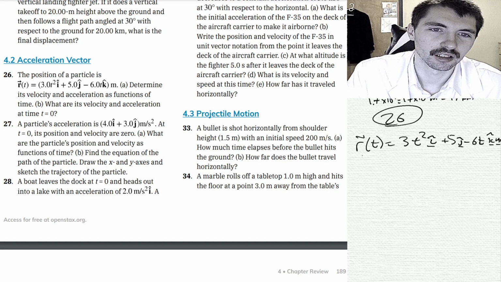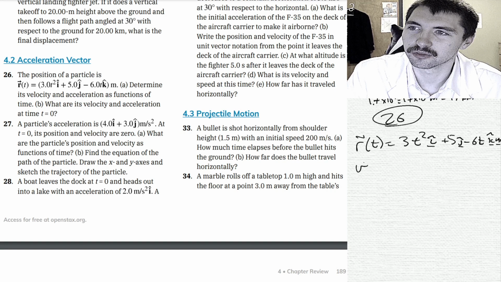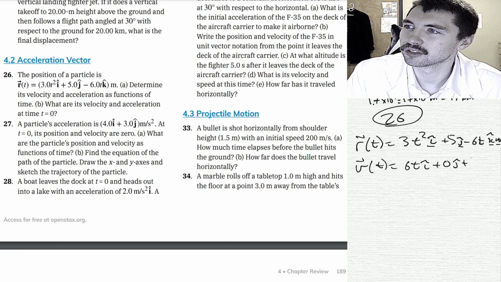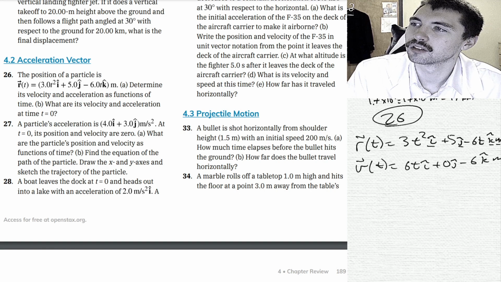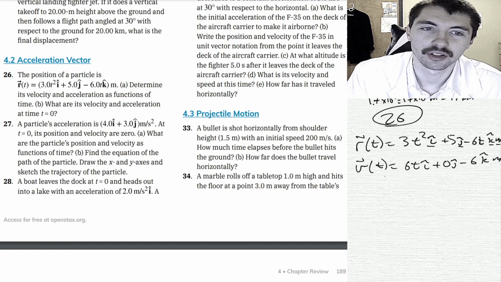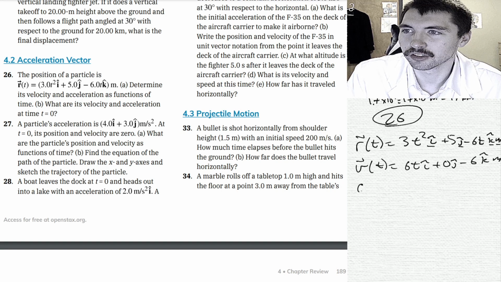So it asks to determine velocity. Okay, so velocity is 6t i plus 0 j minus 6 k, in meters per second. What are its velocity and acceleration? All right, so you want the acceleration too.